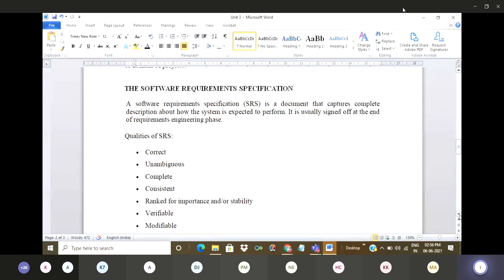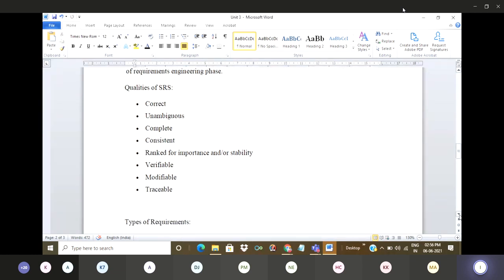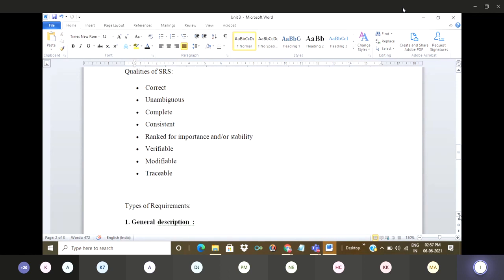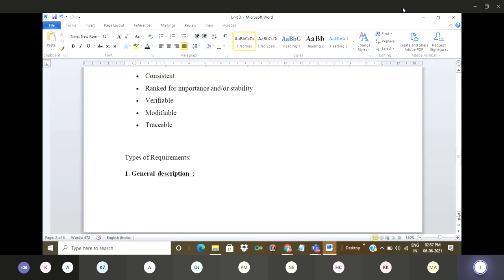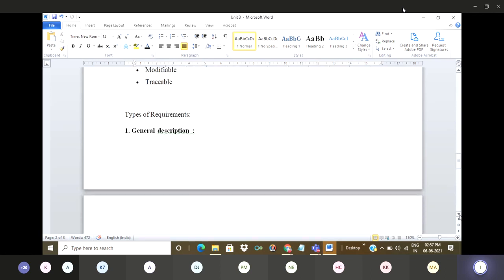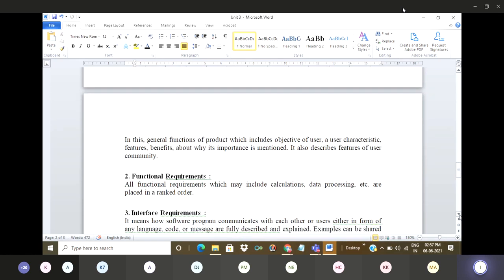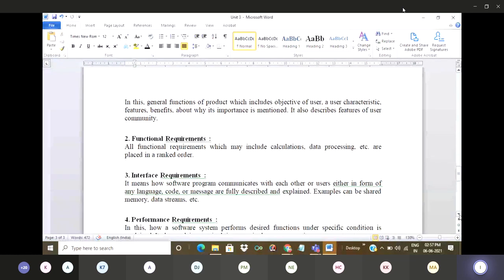What are the qualities of a software requirement specification? It must be correct, unambiguous, complete, consistent, ranked for importance or stability, verifiable, modifiable, and traceable. So what are the types of requirements? One is general description, which covers the general function of the product, including the objective of use, user characteristics, features, benefits, and why it is important.